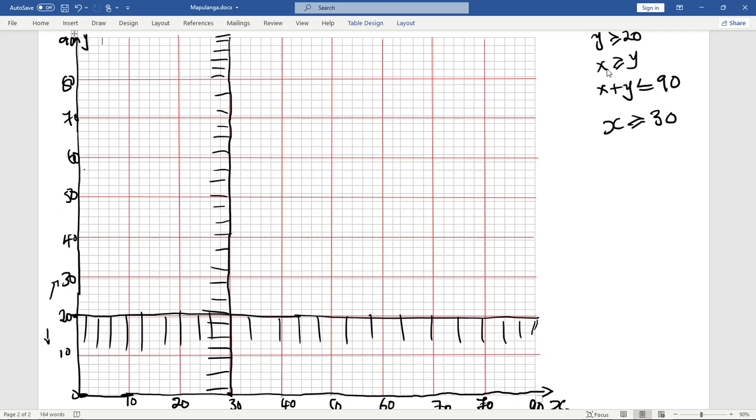Then x is greater than or equal to y. So when x is 10, y is 10, when x is 0, y is 0. That point there, another point there, and there, so you are going to have a straight line there.